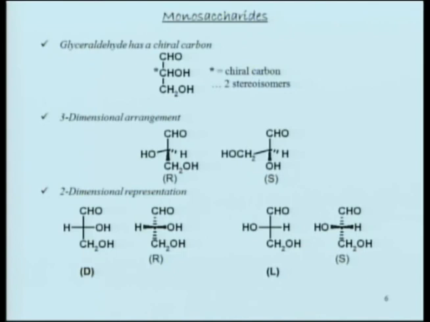They are clockwise, anti-clockwise, that's absolutely true. R is clockwise, S is anti-clockwise. But just because R is clockwise does not mean that this molecule will rotate the plane of polarization in a clockwise direction. That correlation doesn't exist.